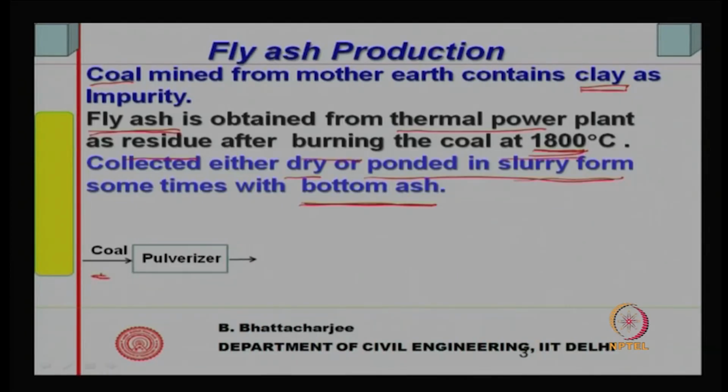The coal is pulverized, or made into fine powder, and then combustion occurs in the furnaces. From the combustion, the flue gases go through the chimney, and this goes through what are called electrostatic precipitators, because fly ash, being fine particles, would otherwise have gone to the atmosphere, which is considered a hazard from the environmental and health point of view.